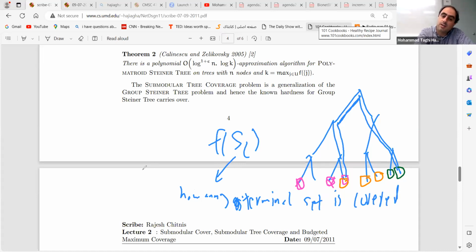So this is for group Steiner tree. If you want to mention group Steiner tree as a special case of submodular tree coverage, that's the thing. So for any tree that I select, the set of SL, you see how many groups you have covered. If the number of groups is equal to the number of all terminal sets, then essentially you are done, and you want to solve the problem. And as I mentioned, this is a general problem that can actually solve this problem.